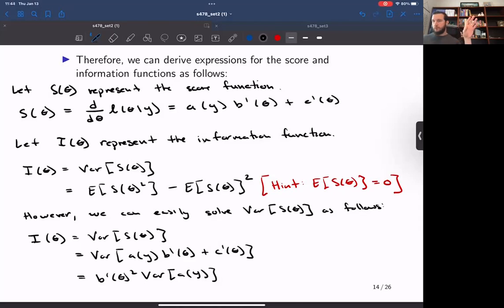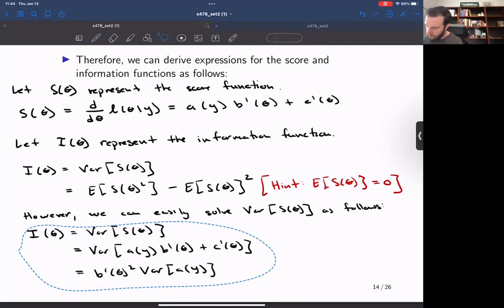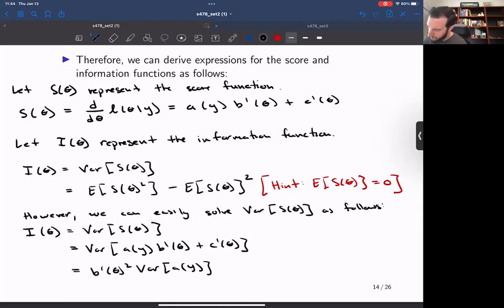So if we sub in our expression for the variance of a y here, we will end up with b double prime theta c prime theta divided by b prime theta minus c double prime theta.